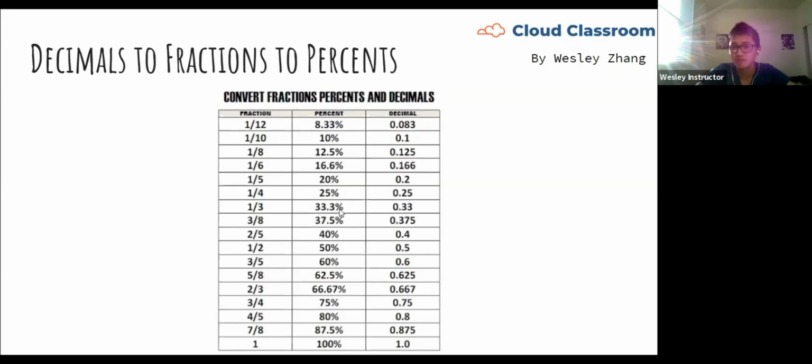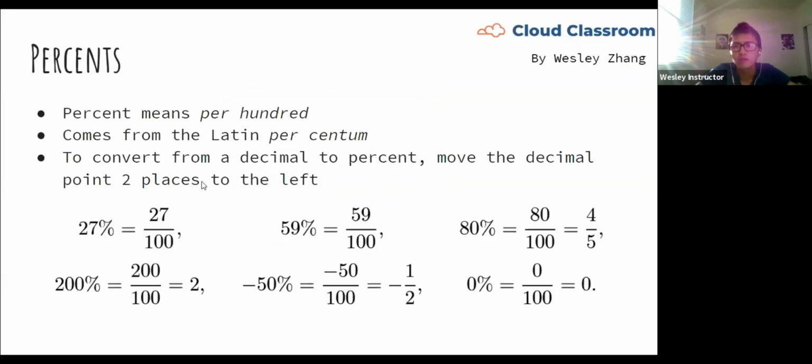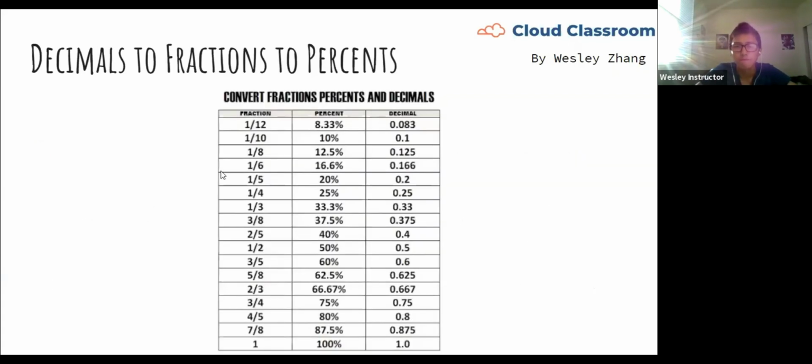To convert from decimal to percent, move 2 places to the right, and percent to decimal, move 2 places to the left. So basically just multiply every decimal by 100 and then add a percent sign. That's how you convert to percents.